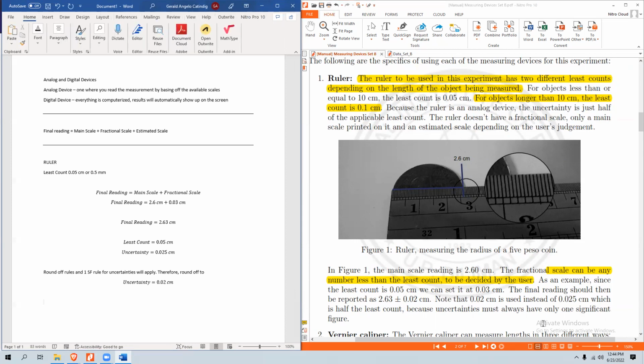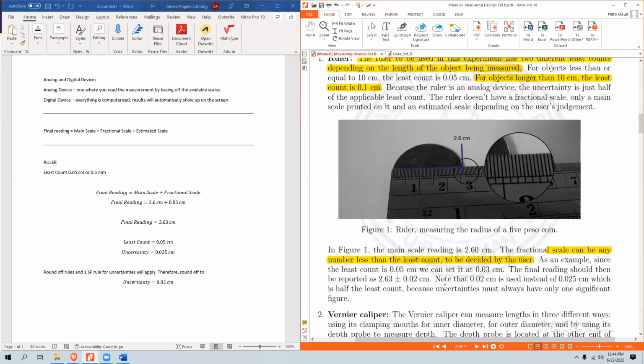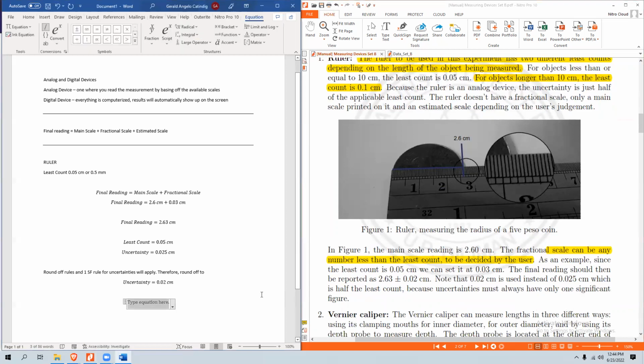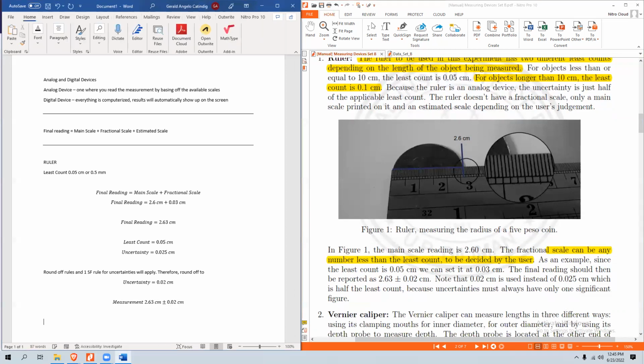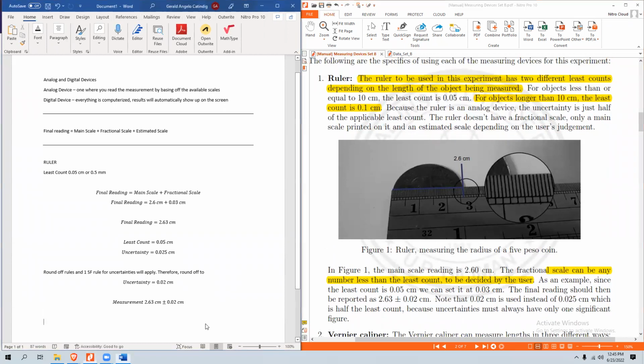Again, 0.025 was rounded off to 0.02 cm using the round-off rules found in the supplementary material of the first experiment. Using these uncertainty and central values, we have a reading of measurement 2.63 centimeters plus or minus 0.02 centimeters. Okay, so that's it for your ruler.